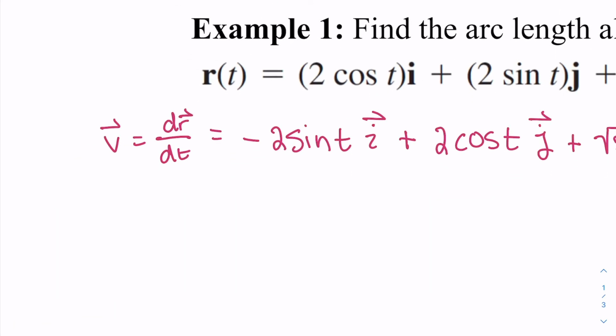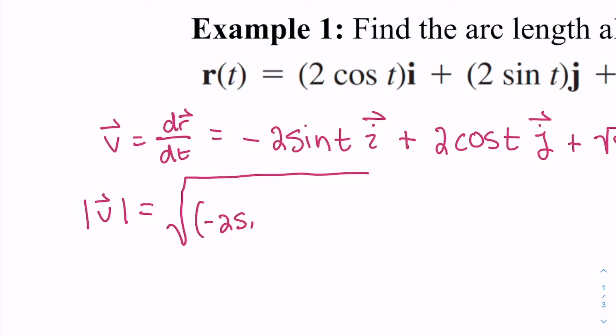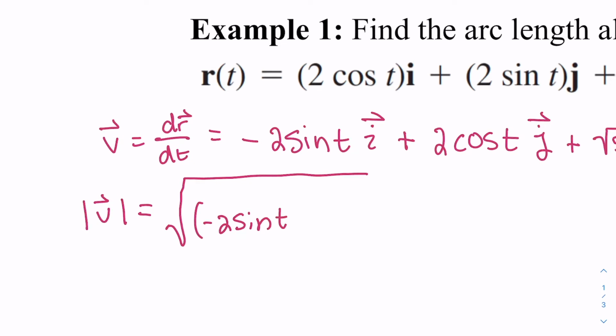The magnitude of v is just the square root of the sum of the squares of each component. So that's going to be the square root, and I'll leave it open because this might be kind of long, of negative 2 sine t, that squared, plus 2 cosine t squared plus square root of 5 squared.